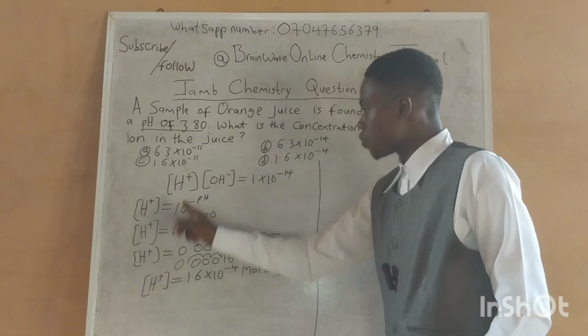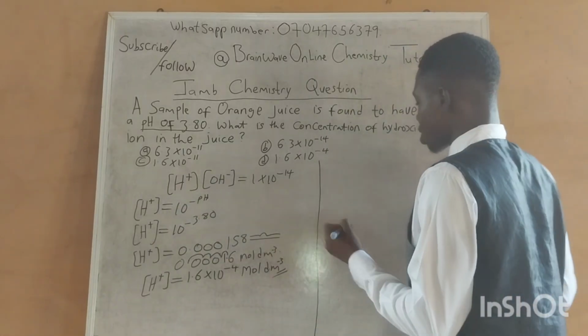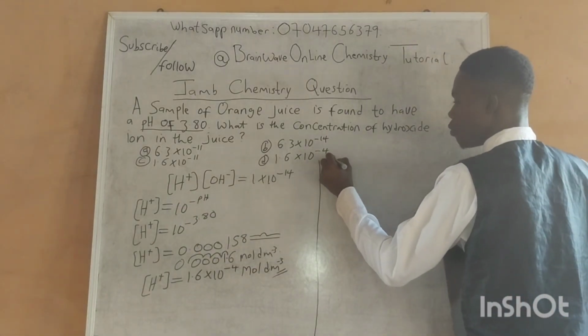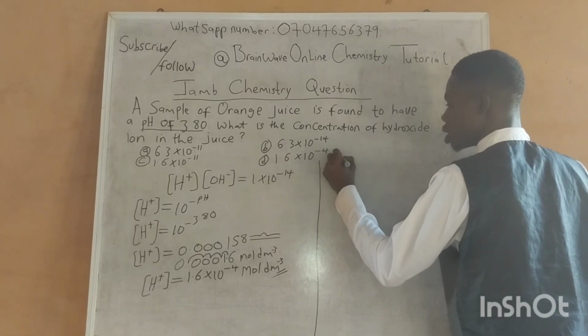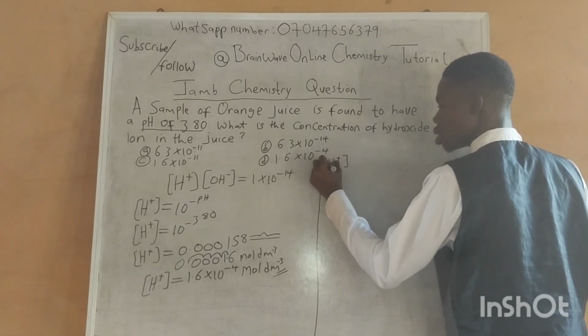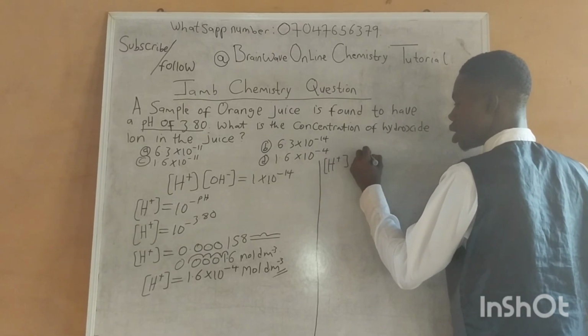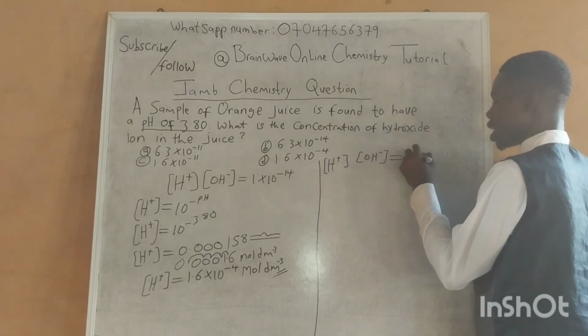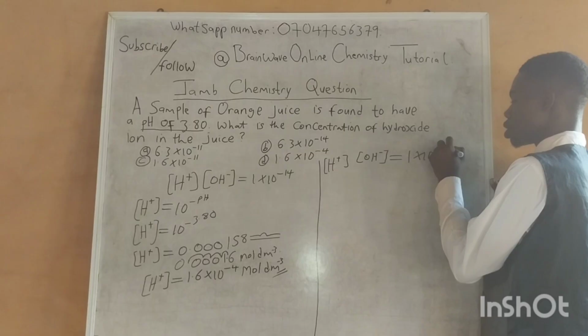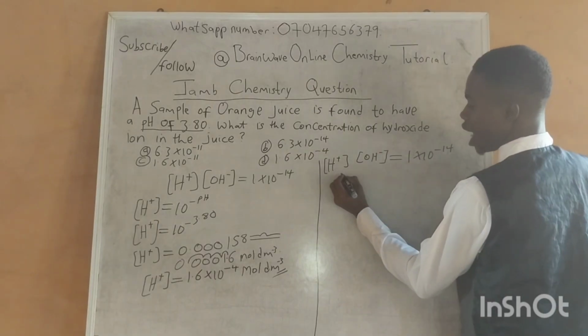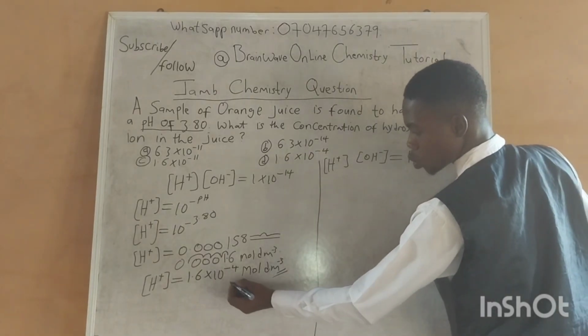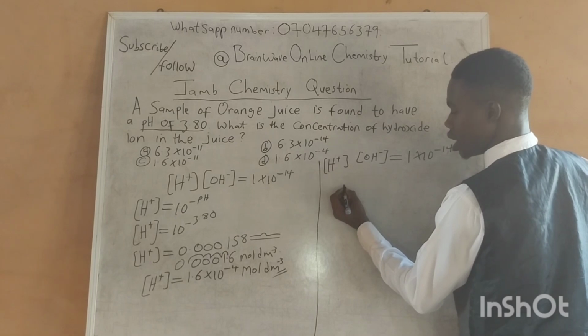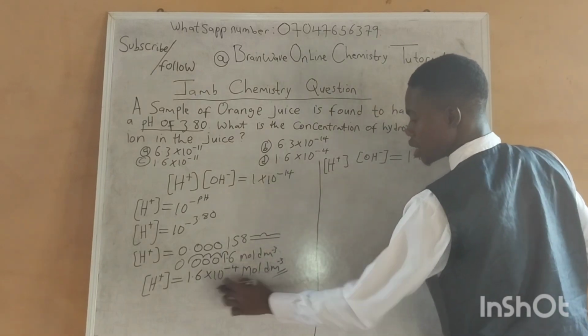So our formula that we use is hydrogen ion times hydroxide ion equals 1 times 10 raised to power minus 14. Now, our hydrogen ion that we got is 1.6 times 10 raised to power minus 4.